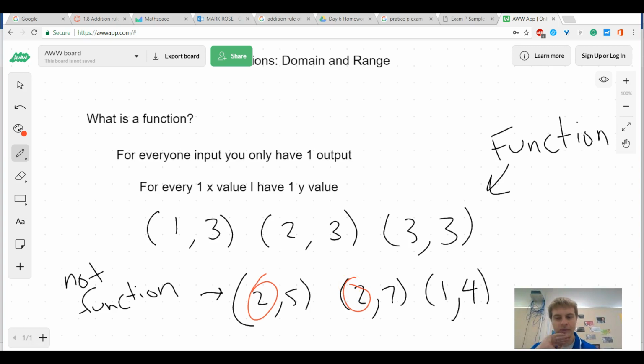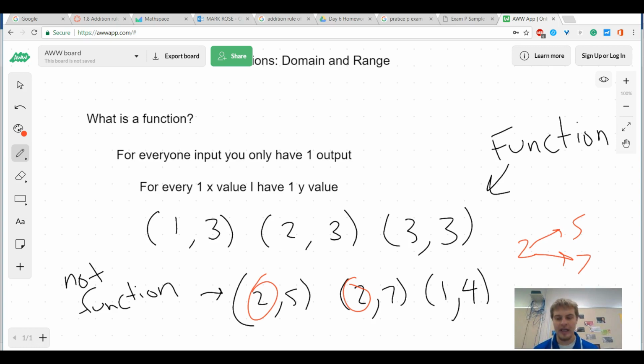And that is not good. So 2 goes to both 5 and 7. And it kind of breaks the pattern idea because if I plug one thing in, how would I get two different answers? That's what a function is and what it does.